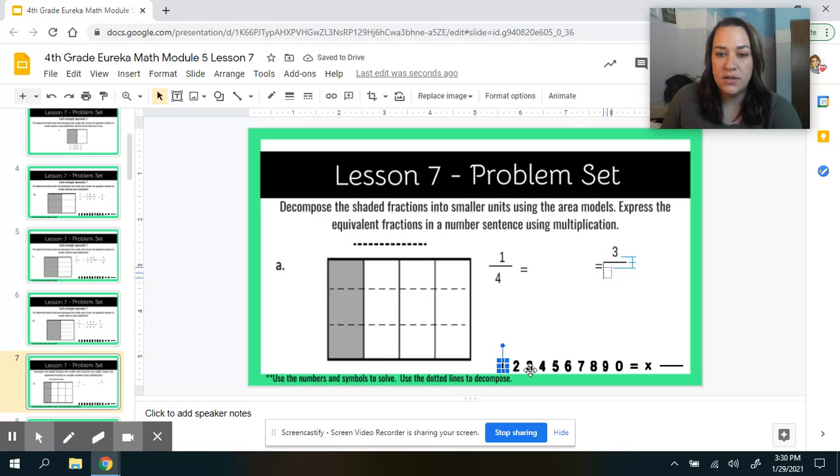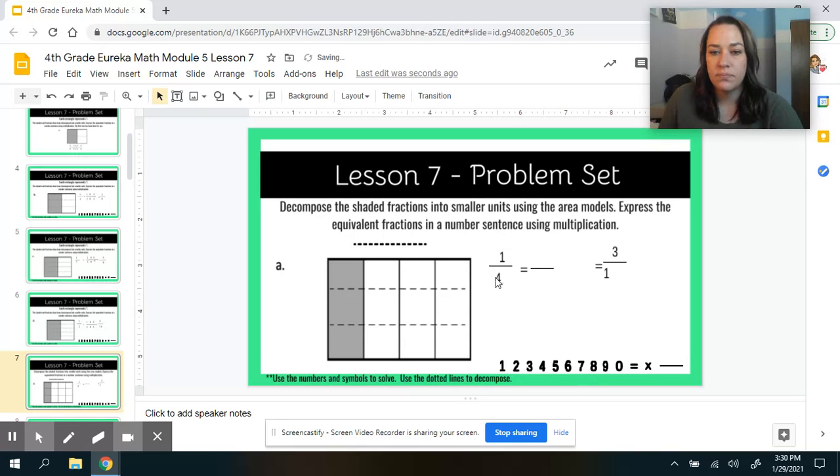Well, I know that 1 times 3 is going to give me 3. Is that true for our denominator? I take 4 times 3. Okay. So if we take 1 times 3, then that's going to give us that 3 for our new numerator.